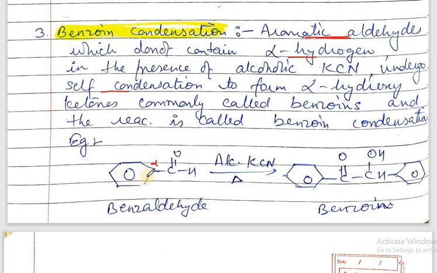When it is treated with alcoholic KCN, it gives this product called benzoin. There are two molecules of benzaldehyde: the first one is oxidized and the other is reduced.